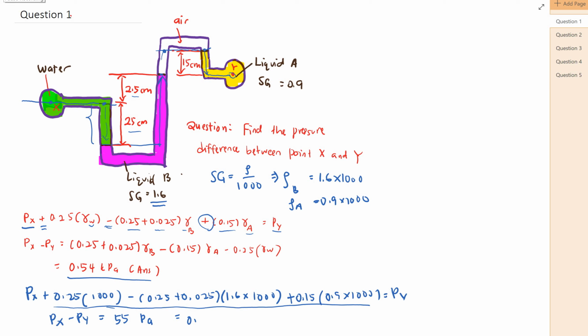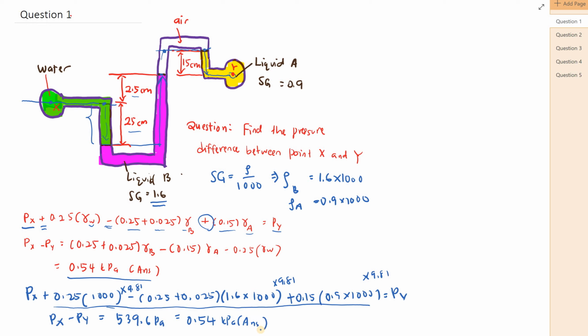Okay, yeah, we forgot something. Actually, everything you have to times 9.81. So we solve for the equation, then you get 539.6 Pascal, which is equivalent to 0.54 kilopascal.